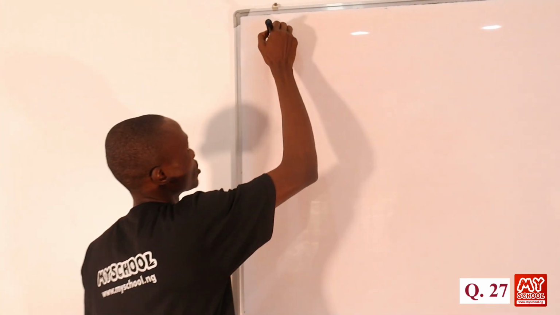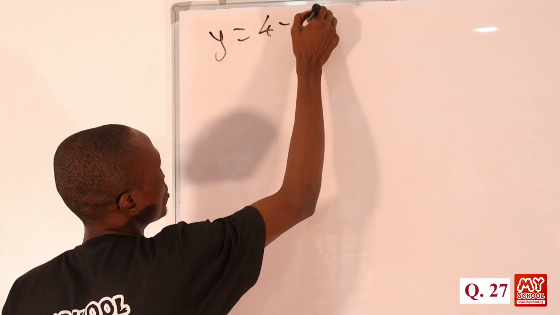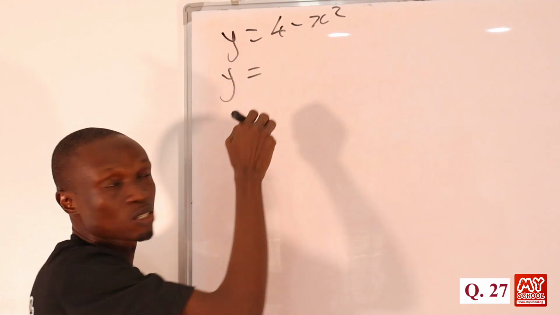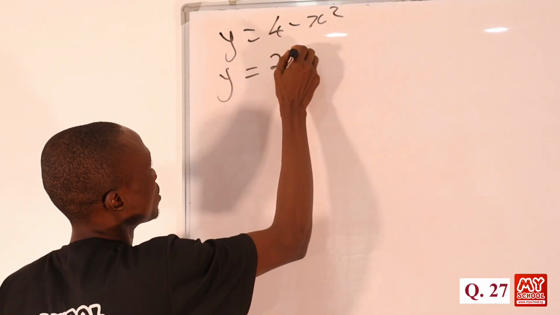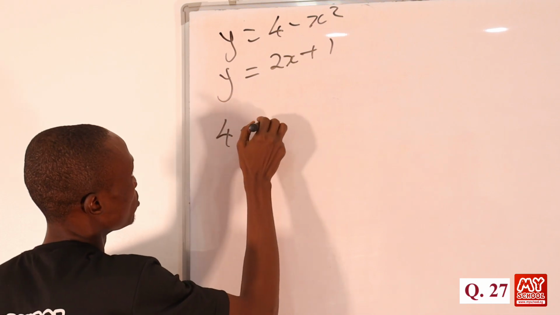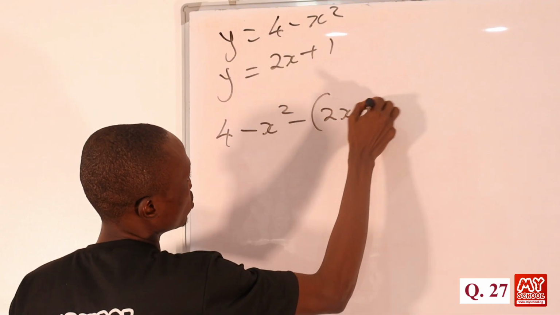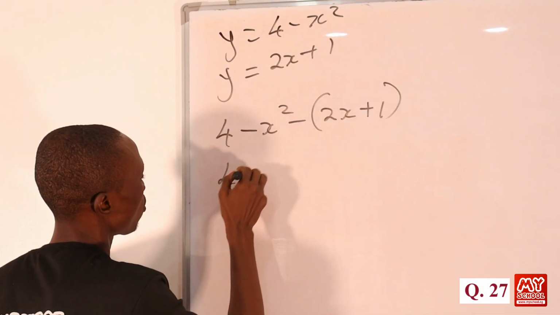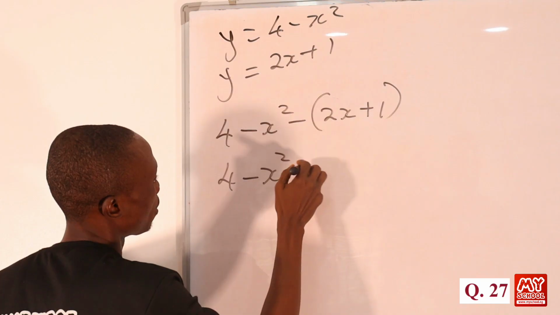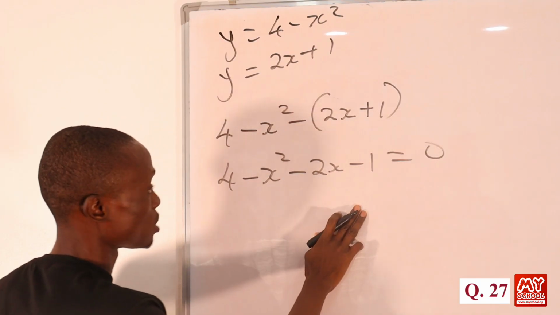So the two curves are y = 4 - x², and the other one is y = 2x + 1. If we subtract between them, we'll be having 4 - x² - (2x + 1), so that we'll be having 4 - x² - 2x - 1, all equal to 0.